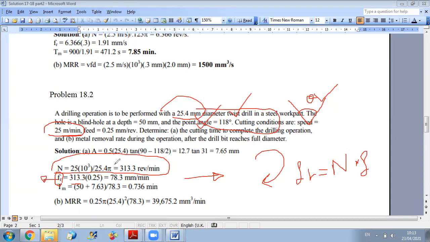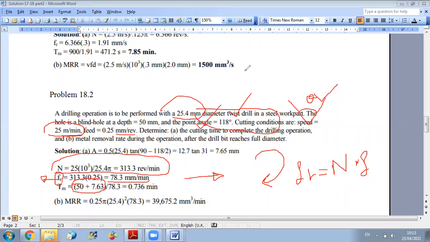Since n is given in revolution per minute, and we have the feed in millimeter per revolution, when we replace in the feed rate, we get our result in millimeter per minute. And now to calculate the machining time, we should divide the total length over the feed rate.